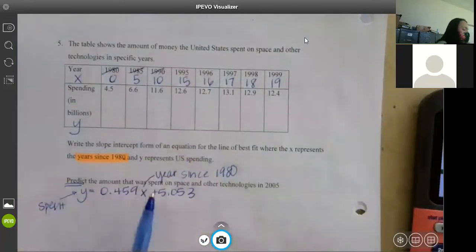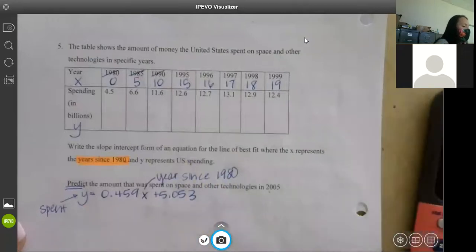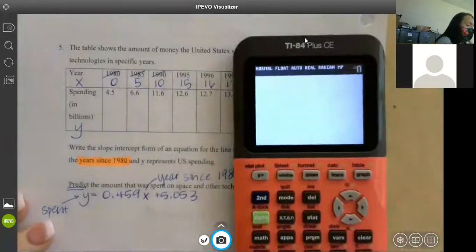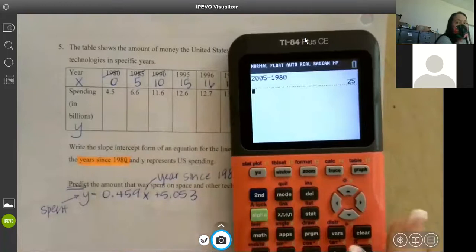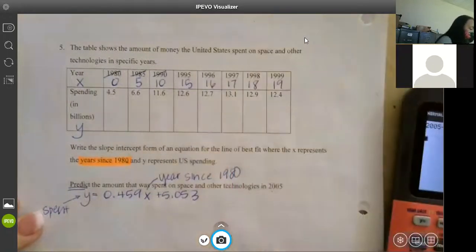It says predict the amount spent in 2005, but we can't use 2005. We have to know the year since 1980. So how can I figure out how long it's been? How long has it been from 1980 to 2005? Say it again. Yeah. And if you're not sure how to do that, do 2005 minus 1980, and that'll give you your 25. Okay. You can count it or you can do it in your calculator.